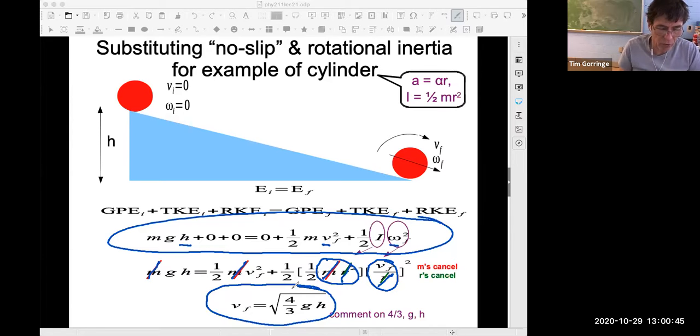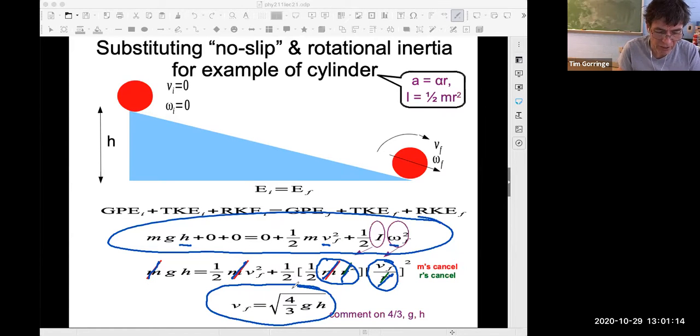Now, if you look at that equation, there's a lot of sense that's embedded in that equation, right? The object rolls under gravity, so the g is there. We expect the g to be there. The higher the object started, then we would expect it to be rolling faster when it reaches the bottom. And indeed, that's the case. The greater h, the greater the final speed v. And then there's the 4/3.